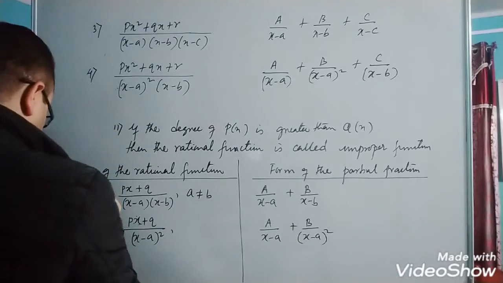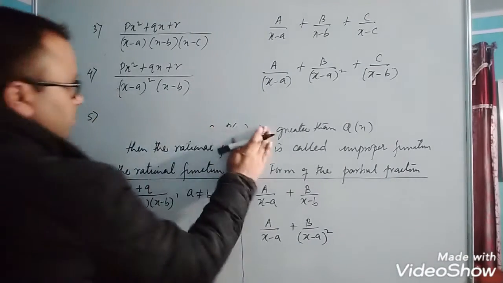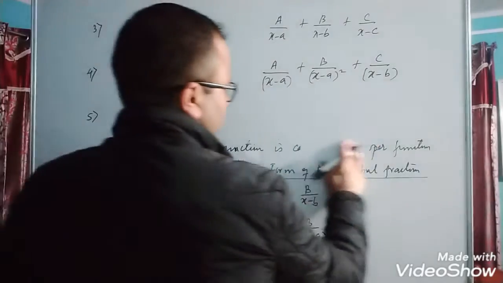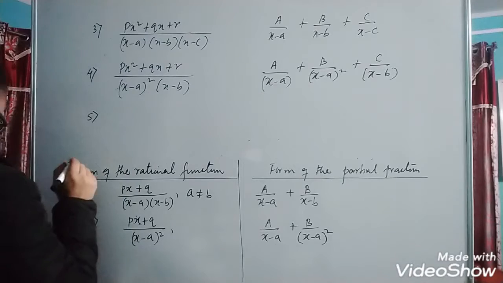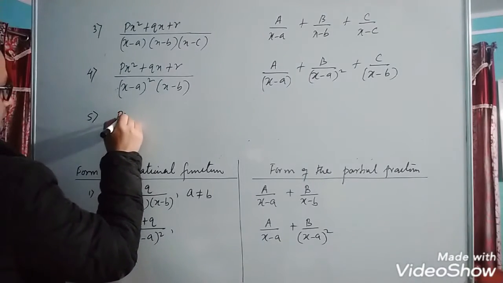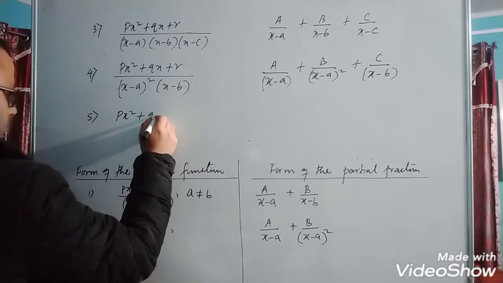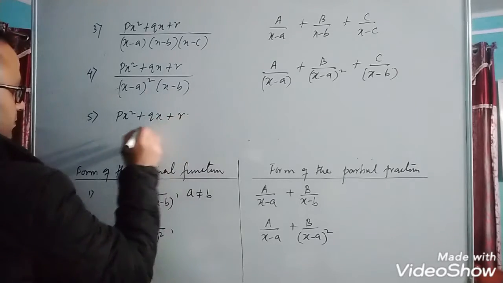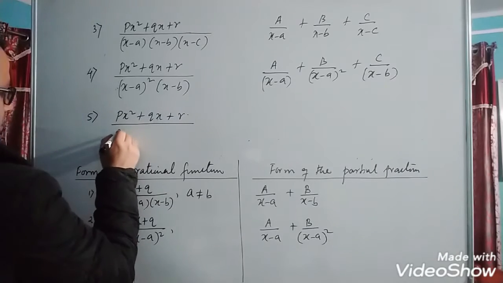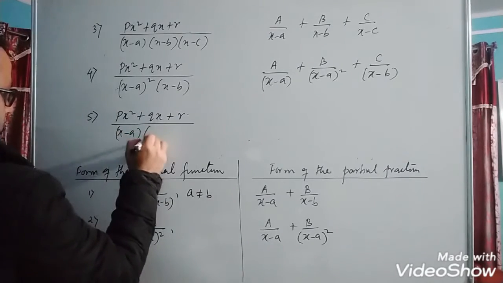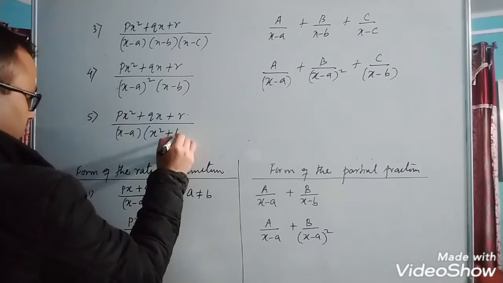And the last one is number 5. px square plus qx plus r divided by x minus a into x square plus bx plus c.